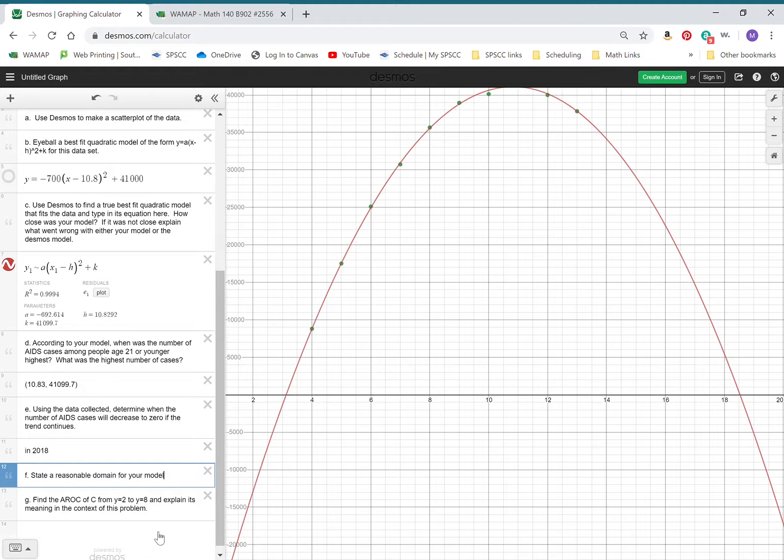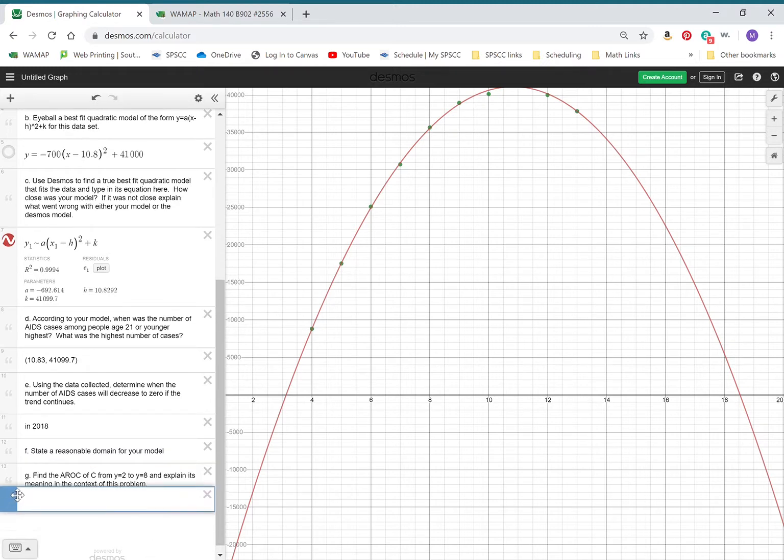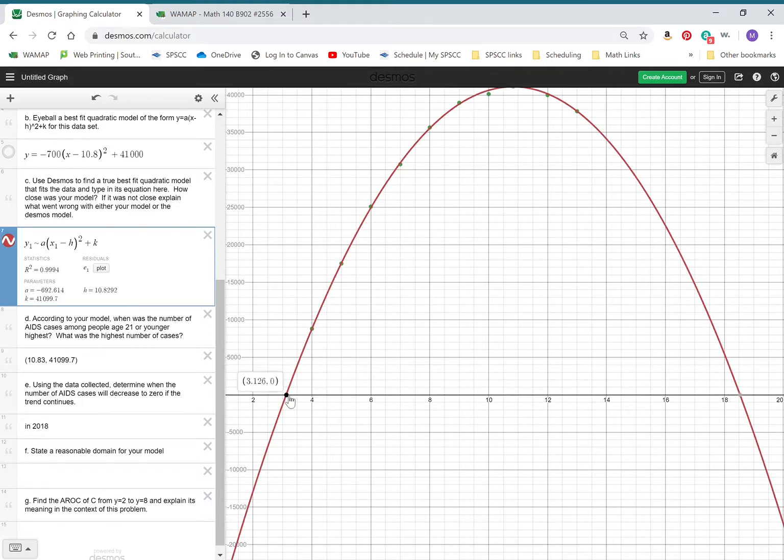All right, part F wants a reasonable domain for our model. So we want to just think about what would or would not make sense in this one. I was sort of feeling like it didn't make sense to go back and say there were 0 cases in 2003. For sure, we don't want to go back before this because then it says there's negative cases and that doesn't make sense.